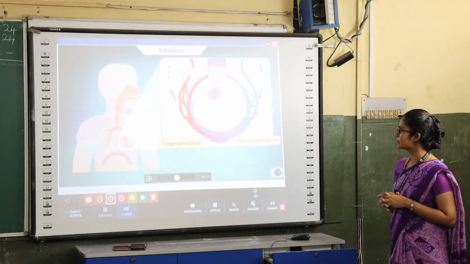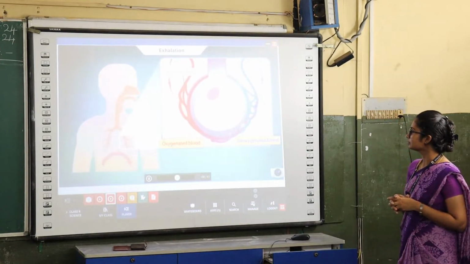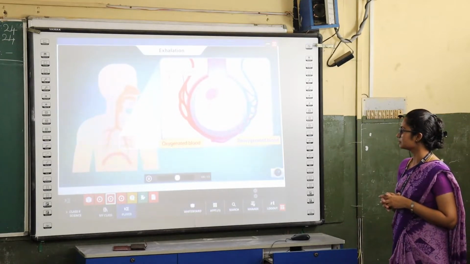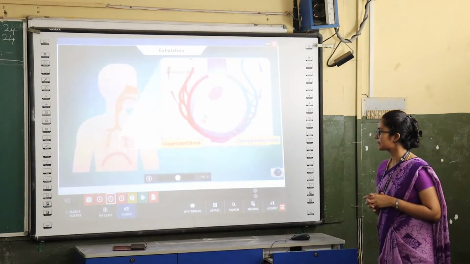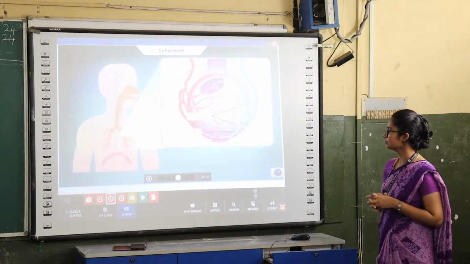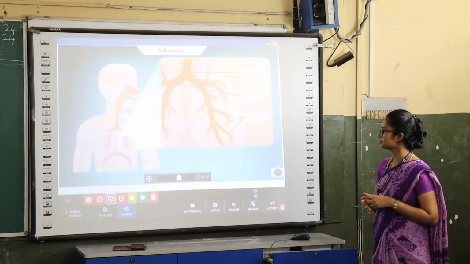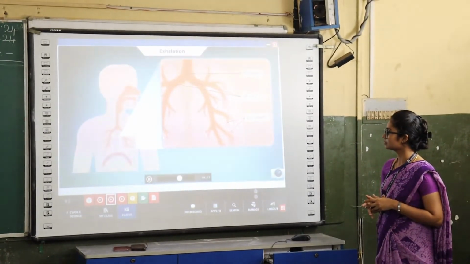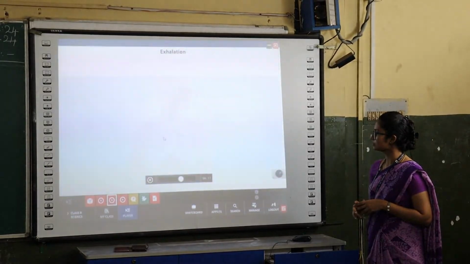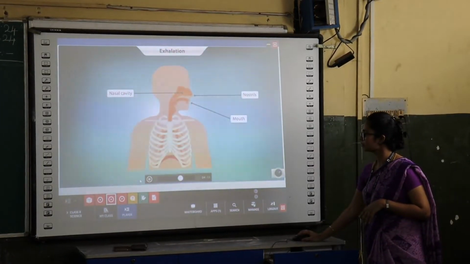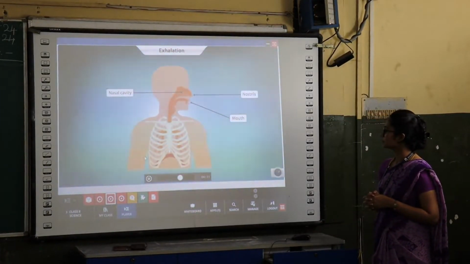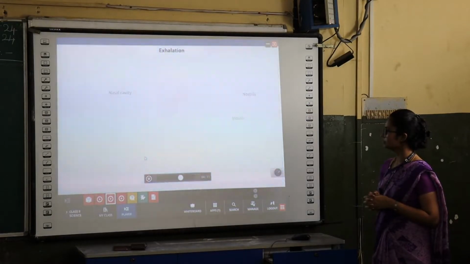During exhalation, carbon dioxide moves from the blood capillaries into the air sacs. It is carried through the bronchioles and the bronchial tubes into the windpipe. It is then removed through the mouth or nasal passage.